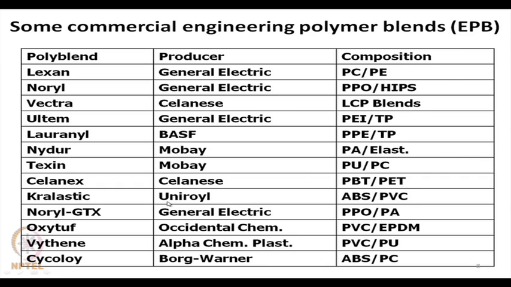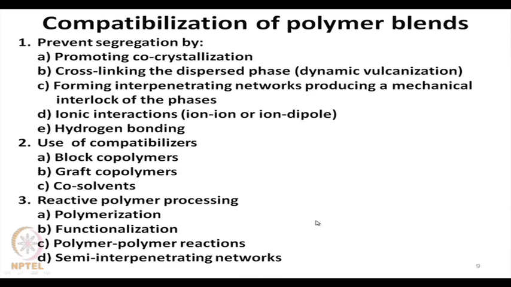Crelastic, made by Uniroyal Company, is a blend of acrylonitrile butadiene styrene terpolymer and PVC, polyvinyl chloride. So, there are plenty of examples where commercial products are available from blends of different polymers, say with polyolefin and with some other condensation polymers. These are the few examples shown over here.